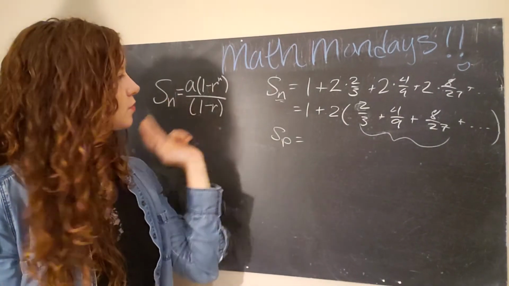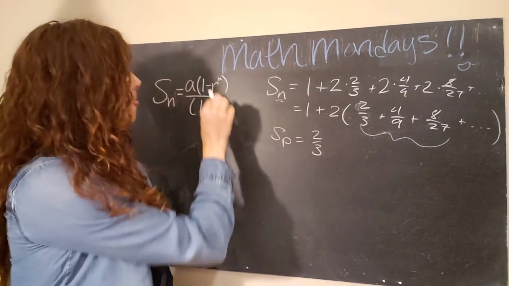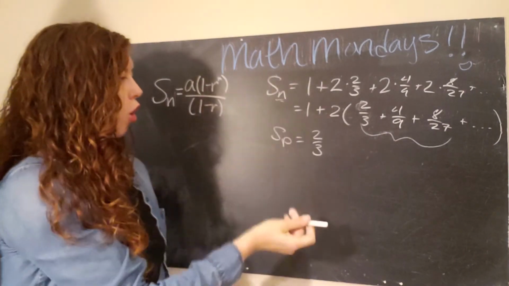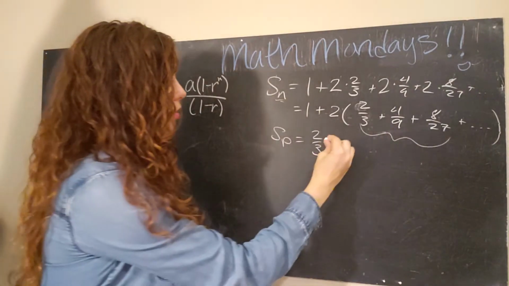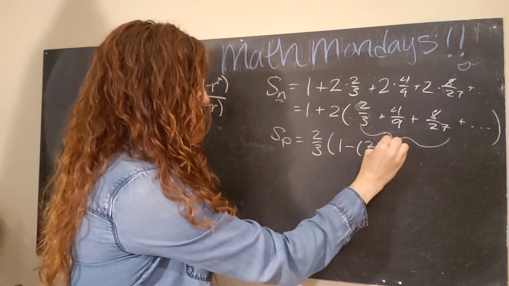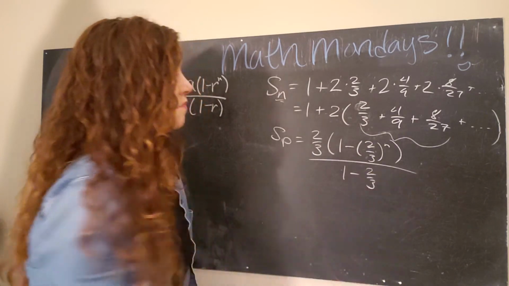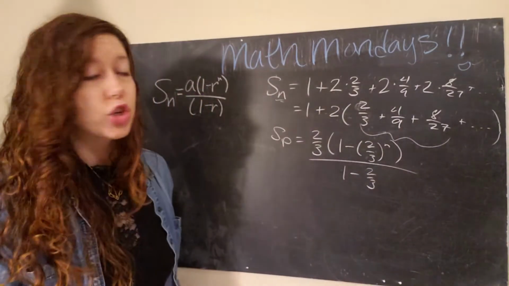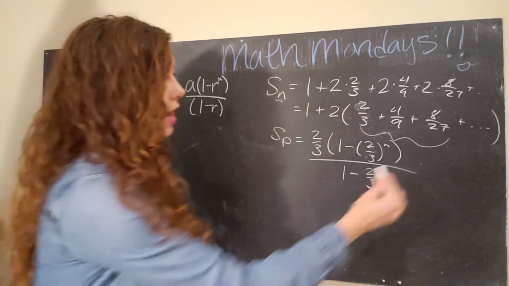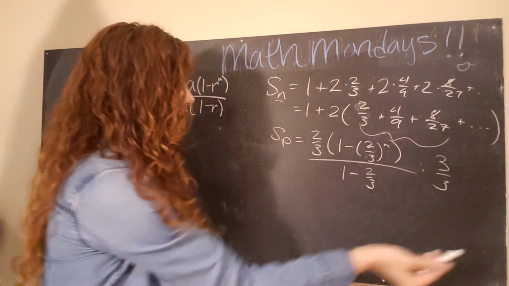Okay, so in this case, A is 2/3, and our ratio, or R, is also 2/3. So we have 2/3 times 1 minus 2/3 to the n, divided by 1 minus 2/3. This is a messy equation, so let's simplify by multiplying the top and the bottom by 3/3, because that's just 1.